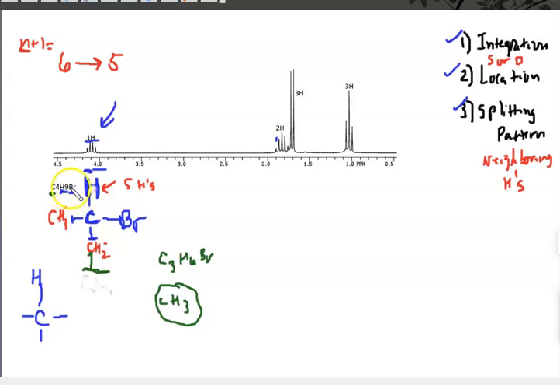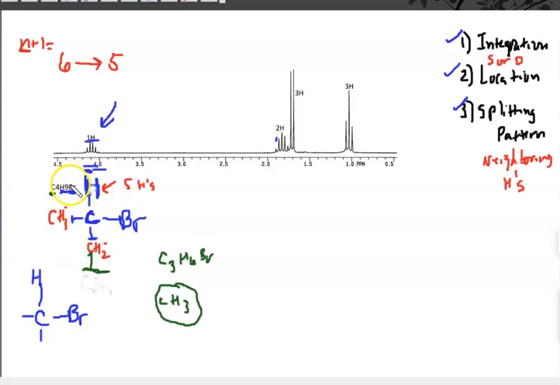If I did not give you a formula, you would have no idea what that atom is. It could be a halogen, it could be an oxygen, it could be a nitrogen. You would not know. I would have to give you more information. Okay? So that's how I knew that one of these other bonds has to be a bromine, because it's up at 4. The location is telling me that, and the formula tells me it's a bromine.